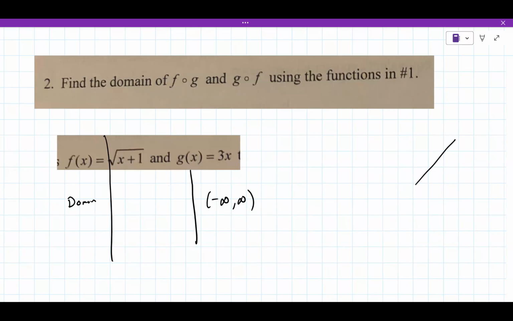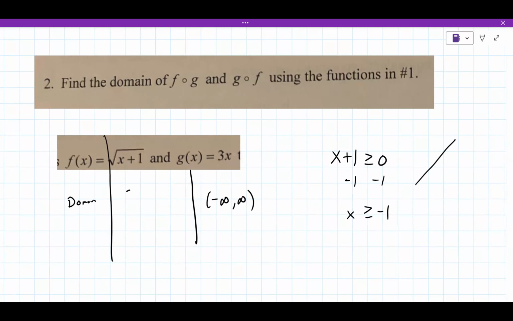Do you remember what you cannot take the square root of? Negatives, right? You cannot take the square root of negatives. So for the domain of square root of x plus 1, you take the part under the root and set it greater than or equal to 0. Subtract 1 from both sides, and x is greater than or equal to -1.